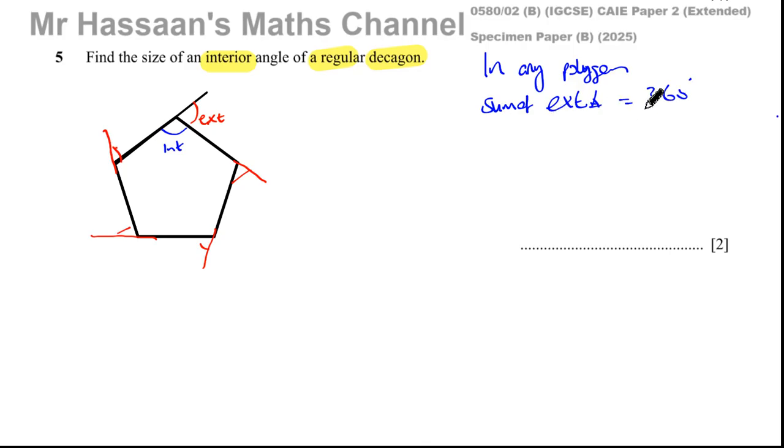Always, no matter how many sides it has, whether it has 3 sides or 1,000,000 sides. But the sum of interior angles depends on the number of sides. There's a formula: 180 times (n minus 2). That's the sum of interior angles in any polygon. So the sum of interior angles depends on how many sides there are, whereas the sum of exterior angles is independent of the number of sides, always 360.